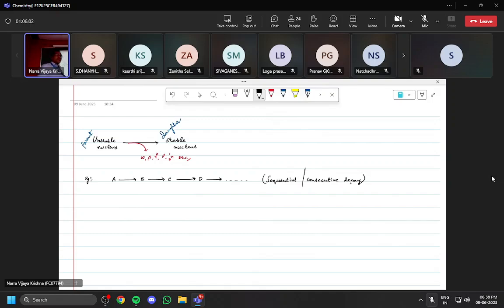These decays, whether sequential or whatever they may be, are classified into two types: natural and artificial, meaning those which are observed in nature and those which are not.